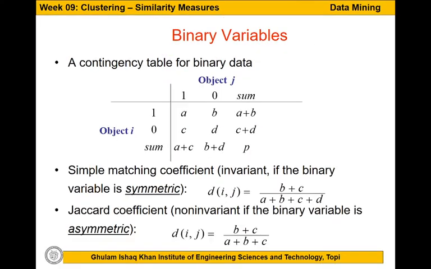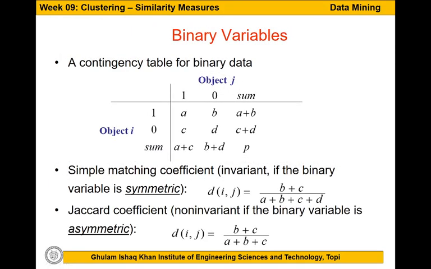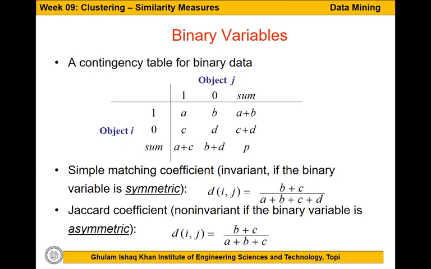So applying the Manhattan or Euclidean distance there will not be appropriate, right? So we will have to have a different distance function for such cases. But before going into the details of the specific distance function for binary variables, we need to know the difference between symmetric and asymmetric binary variables, right?